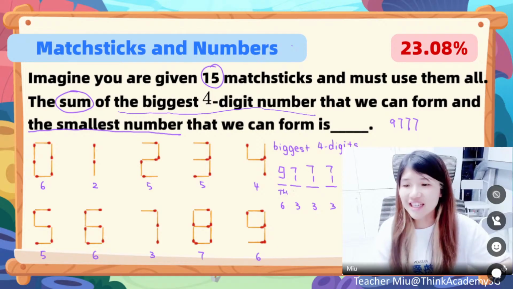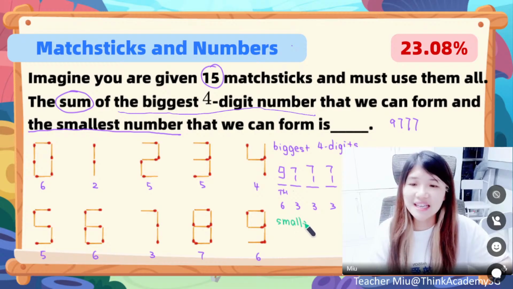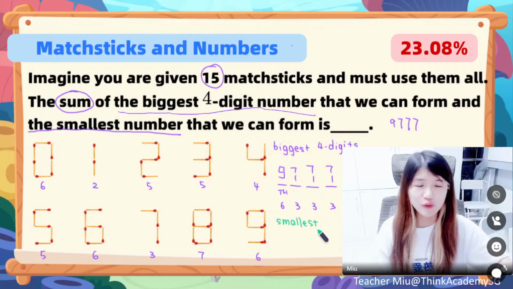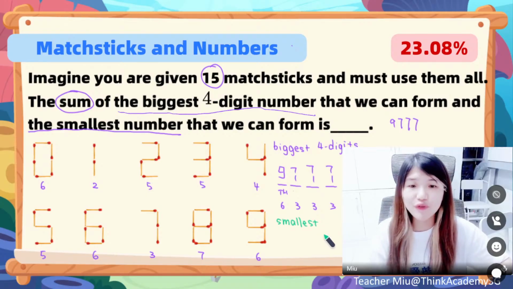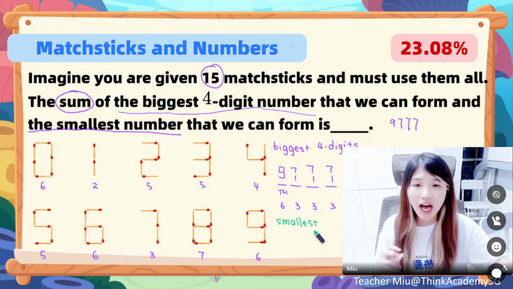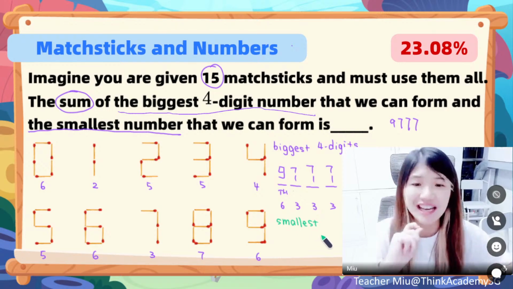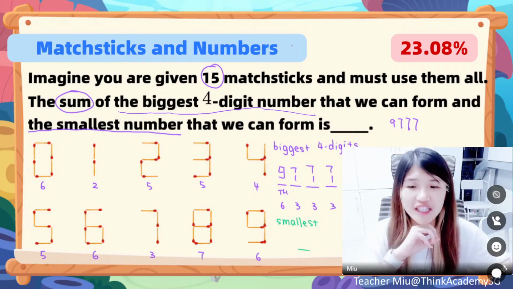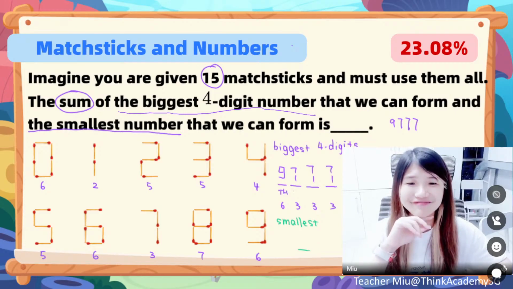Then I change another color to go to the smallest number. Since it said it's the smallest number, what does that refer to? The smallest number is supposed to have the fewest digits possible. Is it possible, with 50 matchsticks, to make only a 1-digit number? Cannot, right?